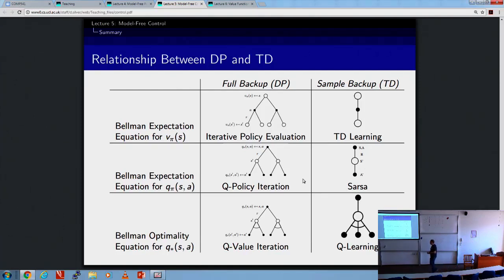but this is a nice summary slide. So this is basically comparing all the full backup or dynamic programming algorithms that we learned based on the real Bellman equations with their sampling counterparts that we learned there. Okay? So in the first lecture, when I first introduced Bellman equations and solving these prediction and control problems, we saw three things. There was iterative policy evaluation, which is using Bellman expectation equation to evaluate the policy. There was Q policy iteration, which is basically a policy iteration algorithm, which means you evaluate the current policy and then you improve it using the greedy stuff.